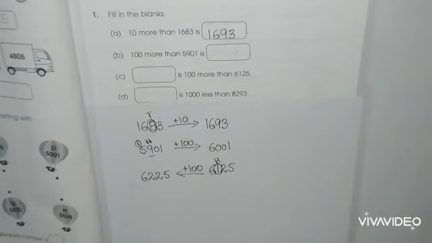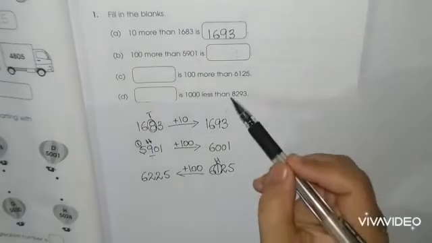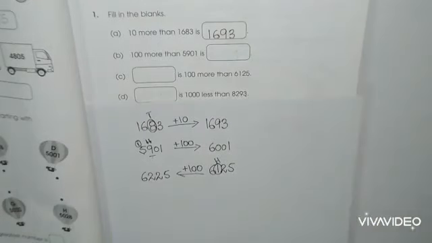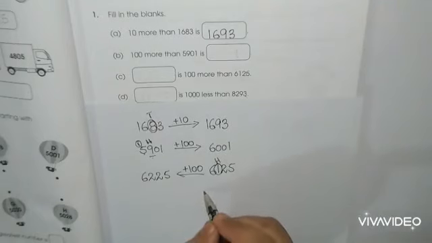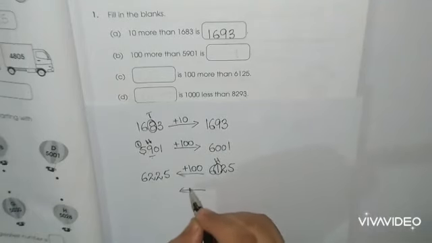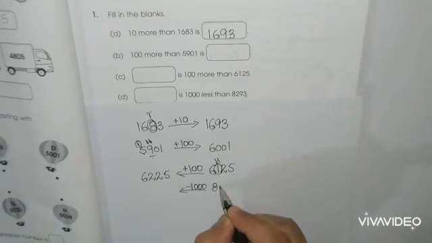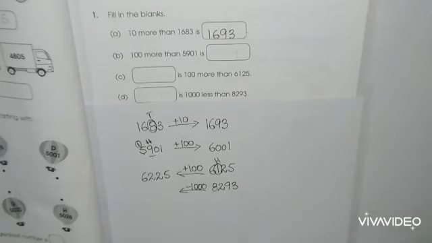D part is blank is 1000 less than 8293. We'll write it like this: 8,293.